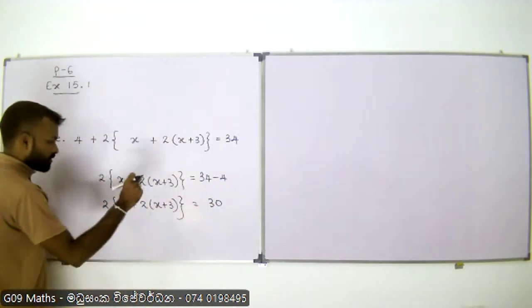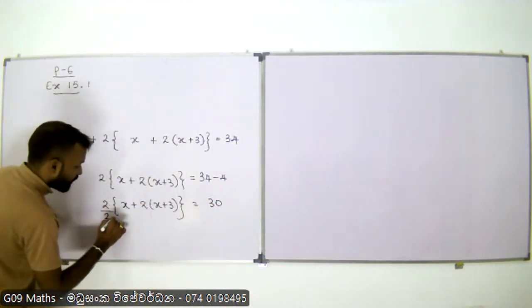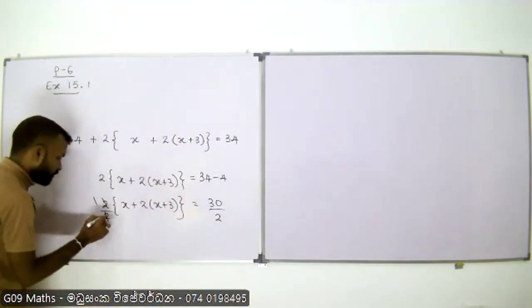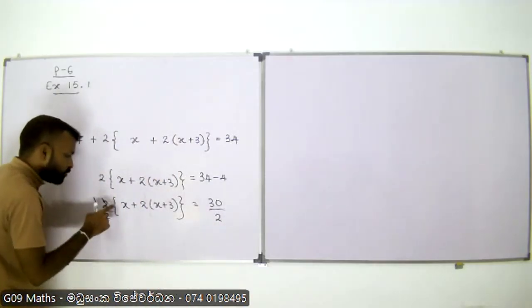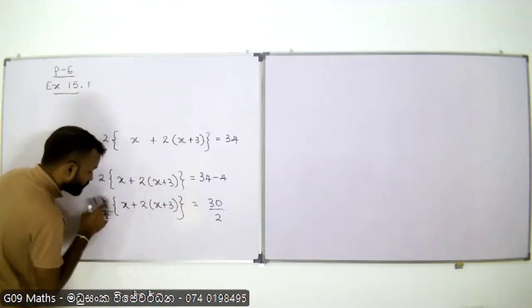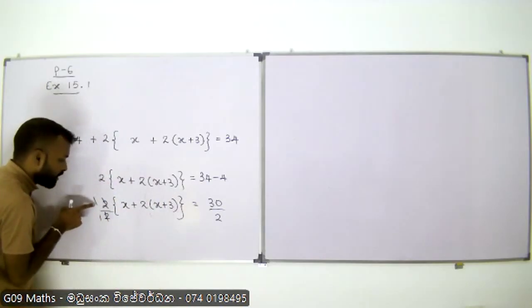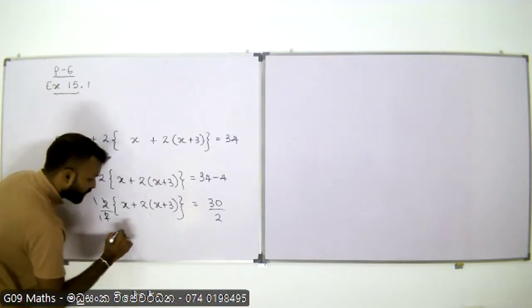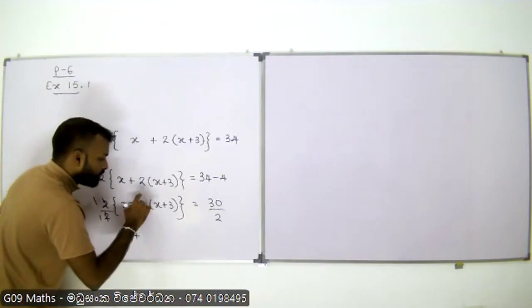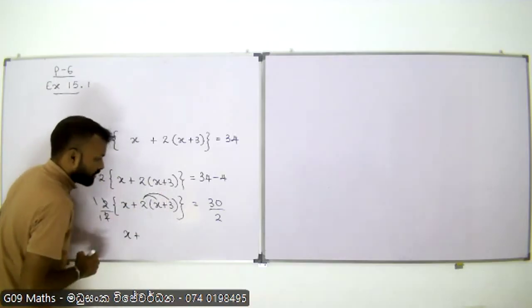So divide by 2, divide by 2. 2 times 1, 2 times 1. Now I do not need to use curly brackets. I can remove that, because in front of the curly bracket I have only 1.